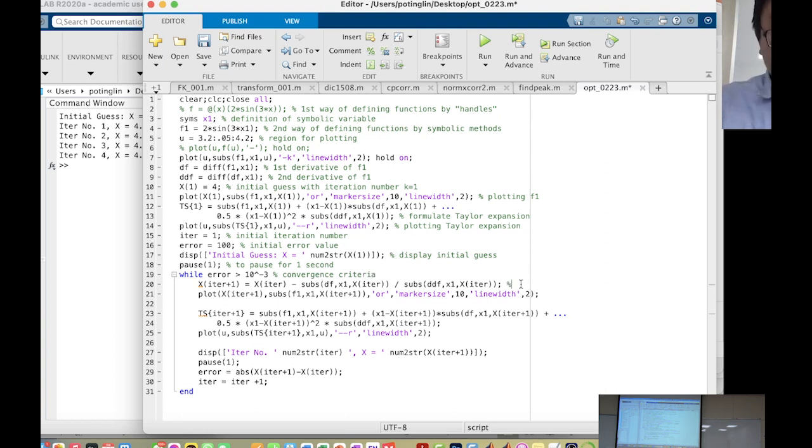Over here, basically, this is the most important line. This is Newton's method, and this is to plot the new solution, new point.